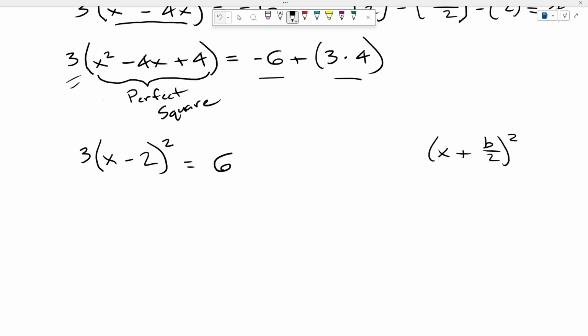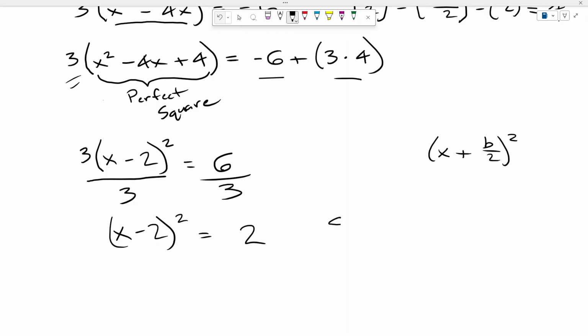So now we can, kind of like we had an example like this before when we were doing the square root property, don't go taking the square root now. Get that 3 out of there first, simplify it. So if we divide by 3, then we're left with x minus 2 squared equals 2.